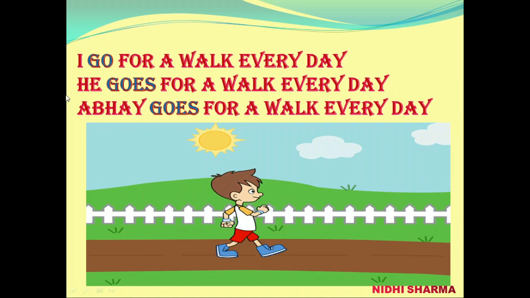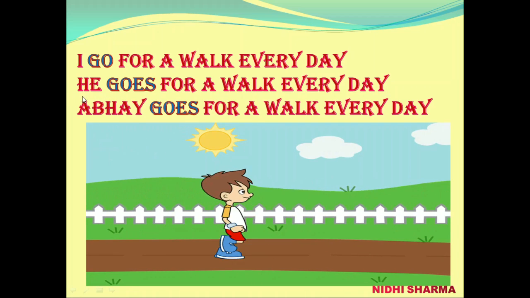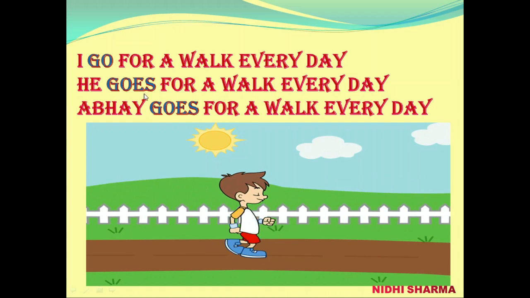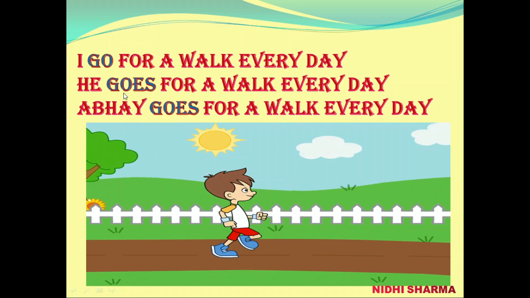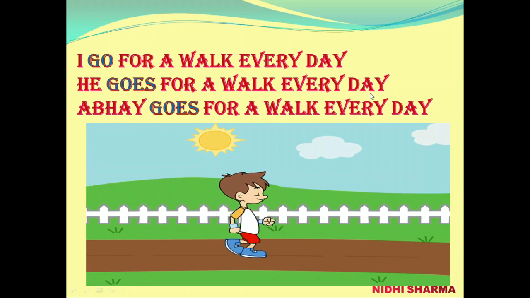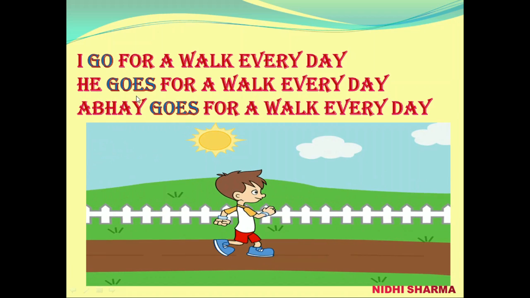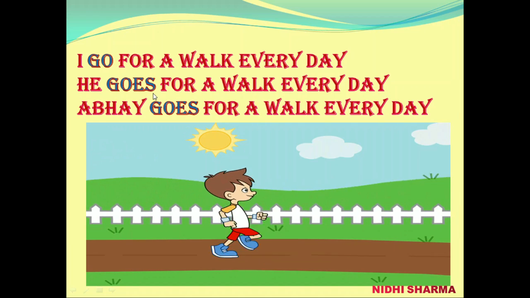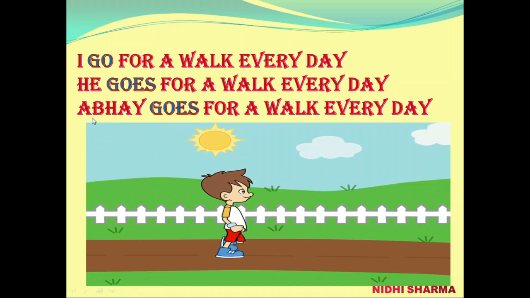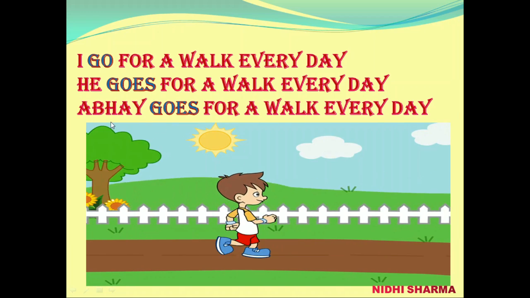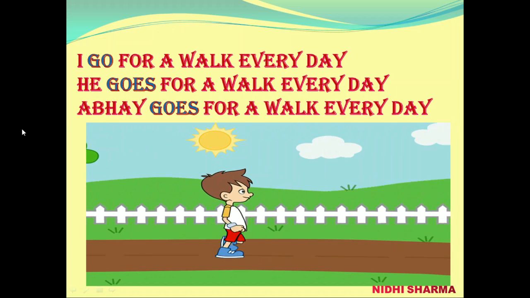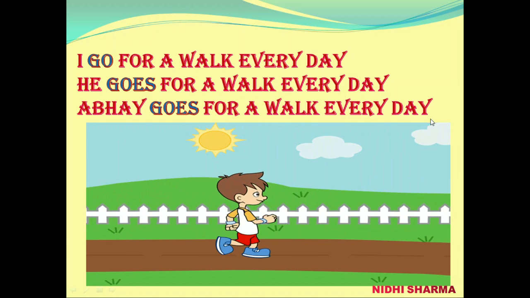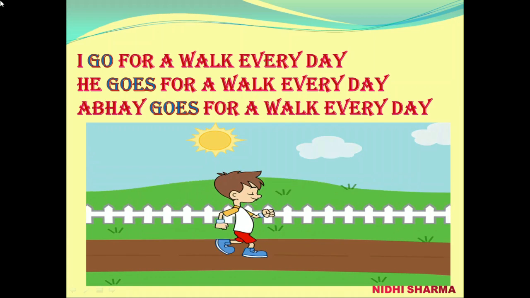So here, according to the rule, the third person singular will have s or es added to the verb. So here we get the sentence as he goes for a walk every day. So go becomes goes in the third person singular. Again, this is the third person singular. So we use the verb goes: Abhay goes for a walk every day.